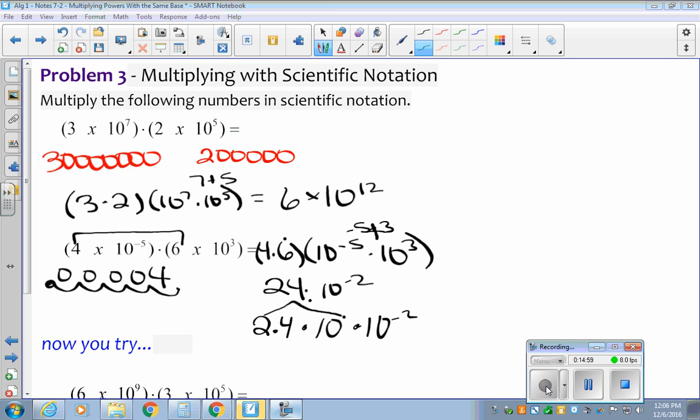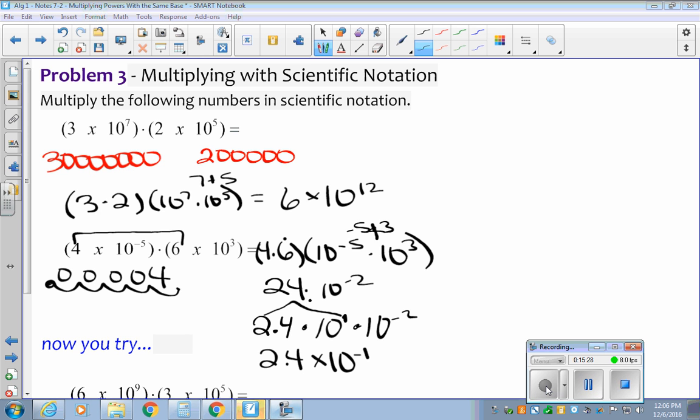Unfortunately, scientific notation is really putting us in a box. I hate it, but that's okay. Because now we've got 10 to the 1 times 10 to the negative 2. 1 plus negative 2 is? So the exponent is negative because it's a decimal.